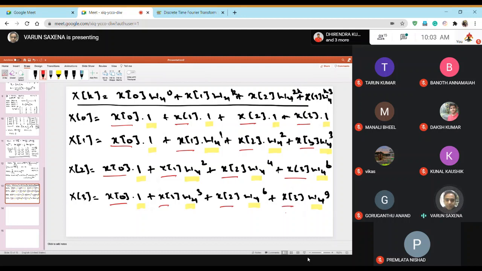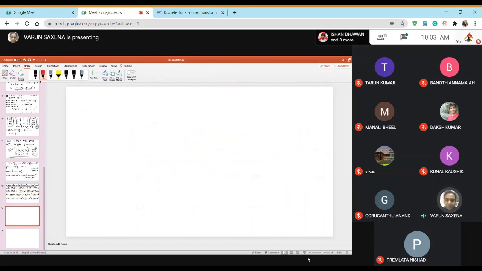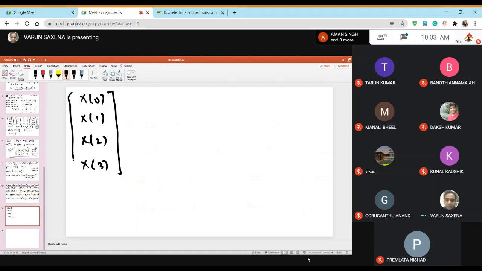So if I was to write it as a matrix, I will write x0, x1, x2, x3 as a column matrix. The matrix has rows 1, 1, 1, 1, then 1, W4^1, W4^2, W4^3, and so on.